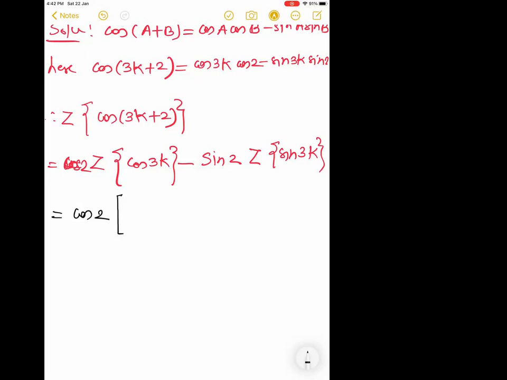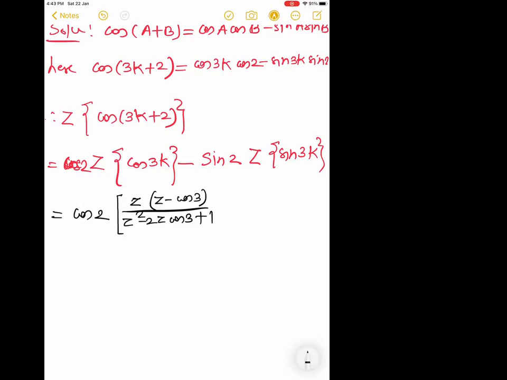No, you have written the answer for cos of alpha k. Alpha is 3 here. Z minus cos 3, divided by z square minus 2z cos 3 plus 1. Correct. Very good. So z into bracket z minus cos 3 is the numerator, upon z square minus 2z cos 3 plus 1.